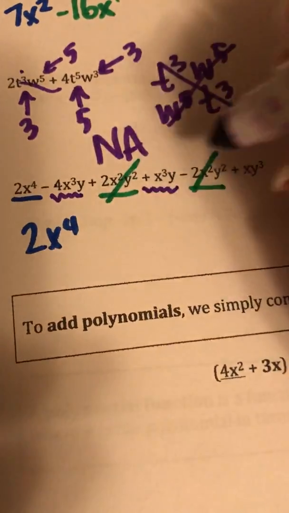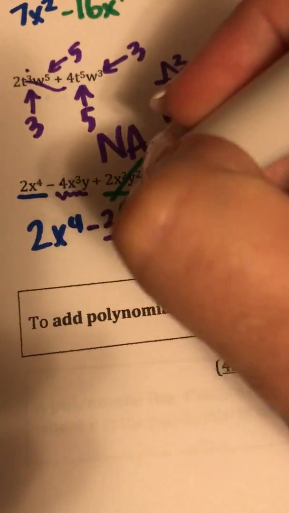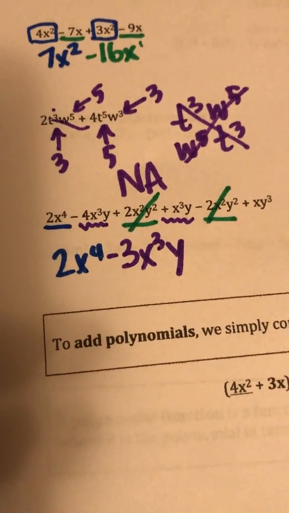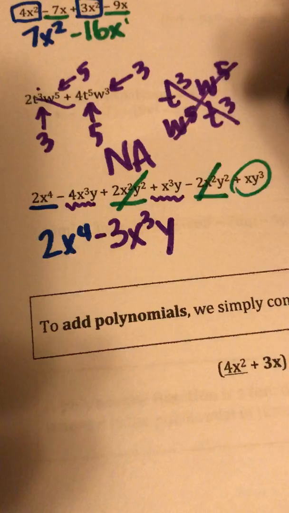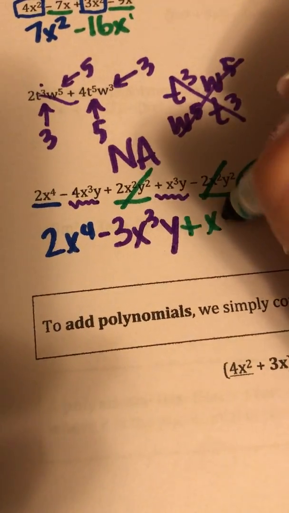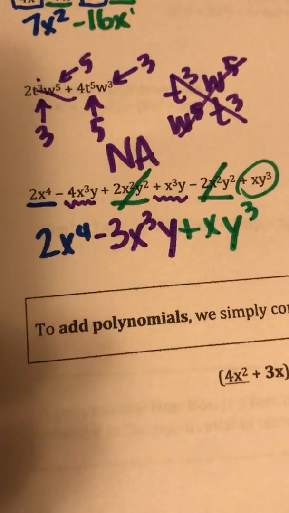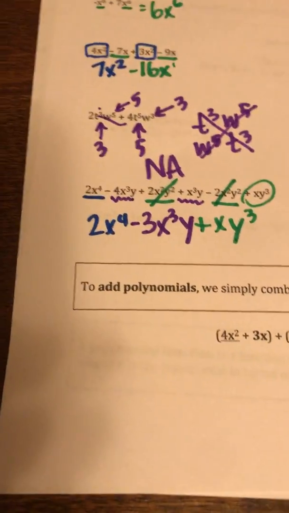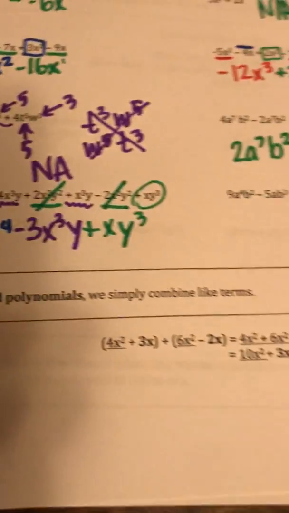So negative 4 plus 1, negative 3x to the third y. And then what do I have left? Plus x y to the third. That's it there. All right, last one.